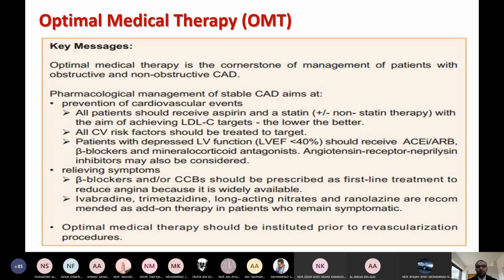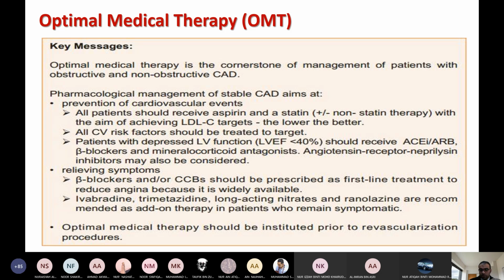So to put it all together, the optimal medical therapy, from the latest guidelines: pharmacological management of stable coronary artery disease should be built around these agents. We have the prevention of cardiovascular events and the relieving of symptoms. For prevention of cardiovascular events, you have the recommendation for using aspirin, statin, and plus or minus non-statin. This is another point we'll discuss, inshallah, on hyperlipidemia.